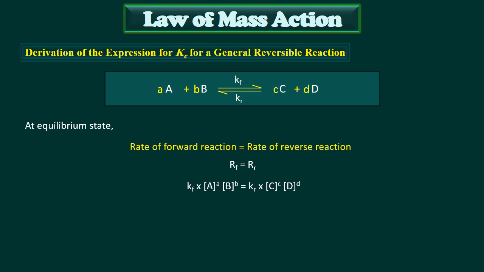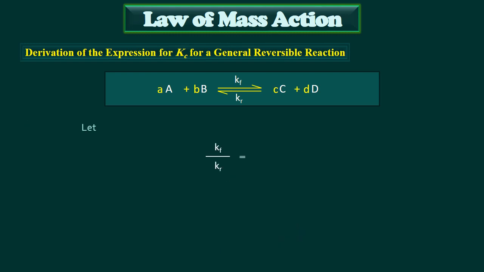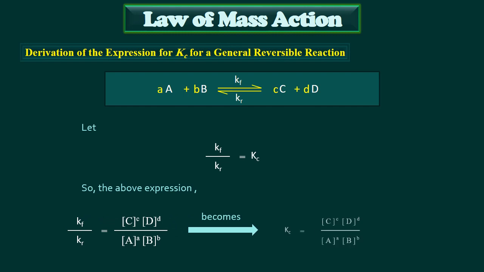Again, transposing the constant terms to the left-hand side and variables to the right-hand side, we get this expression. But Kf over Kr is equal to Kc. So the above expression becomes this, which is the required expression for Kc for a general reversible reaction.